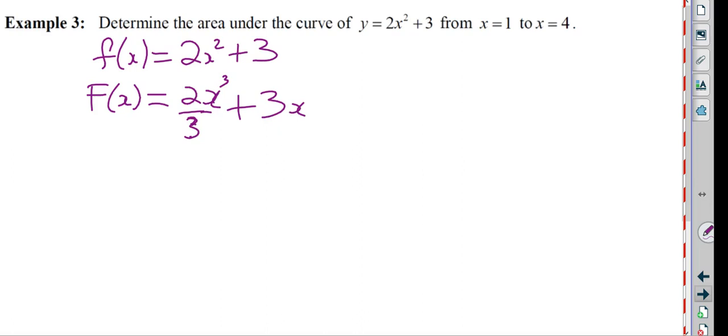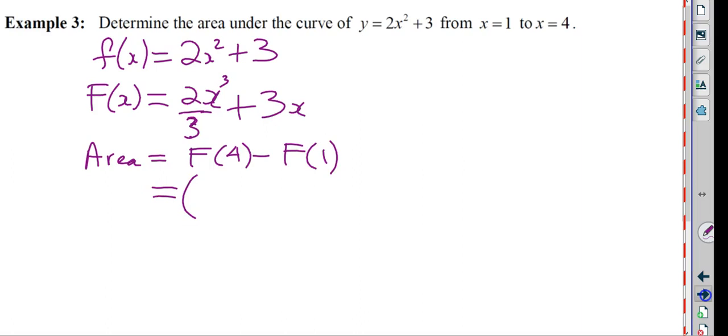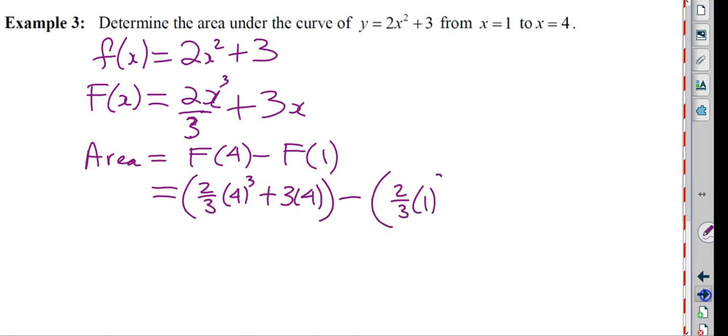Plus 3x. We want the area from 1 to 4, so area will be F of 4 minus F of 1. Okay, plug in, keep things nice and separate. So we got 2/3 of 4 cubed plus 3 times 4, minus 2/3 of 1 cubed plus 3 times 1.